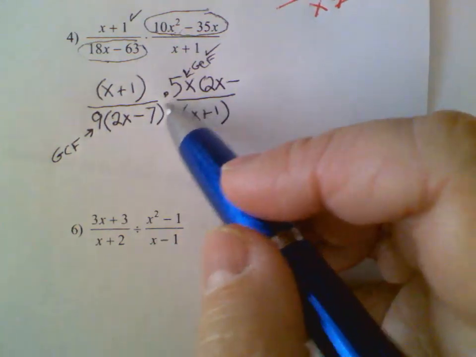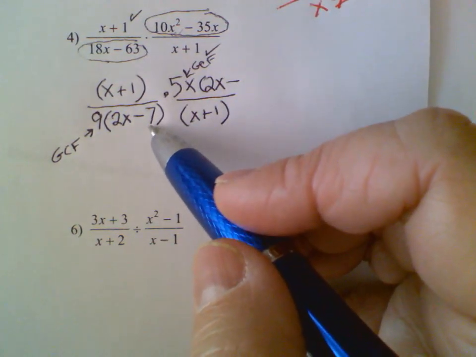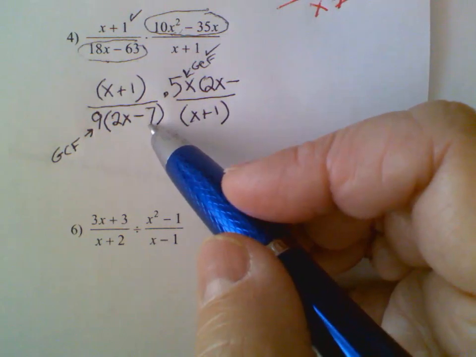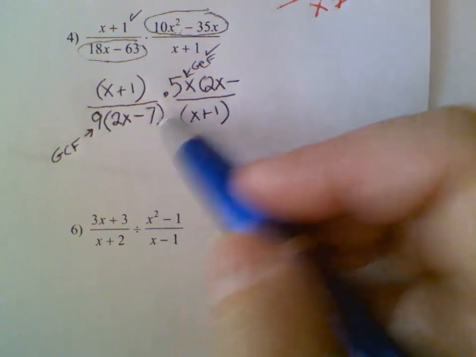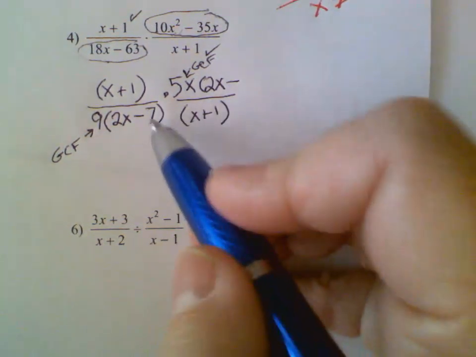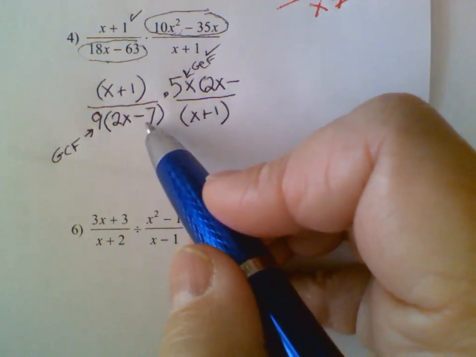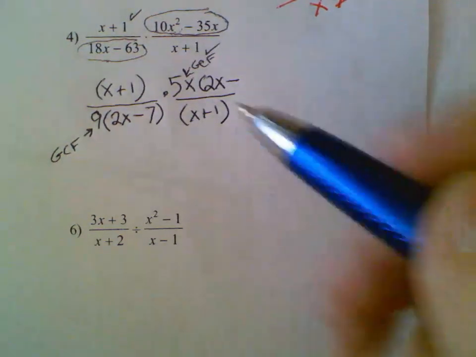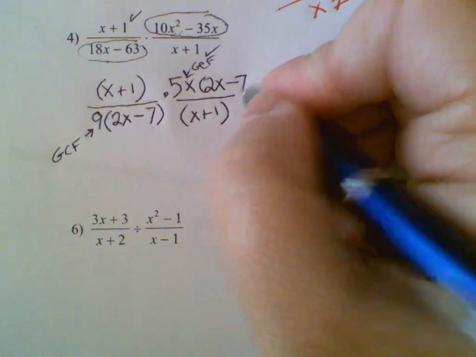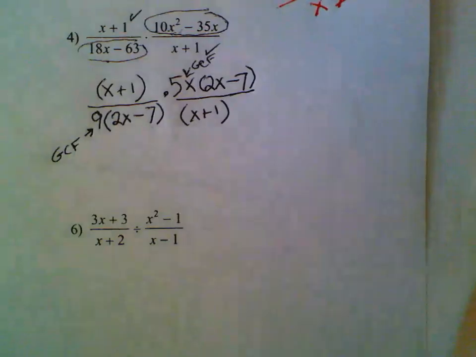And again, you get kind of a clue by looking at the factor that you've already discovered. A lot of times you're going to have common factors, so that's always something to try. So let's see, does 5x times negative 7 give me my negative 35x? And it does, in fact. So this is also a negative 7, 2x minus 7.